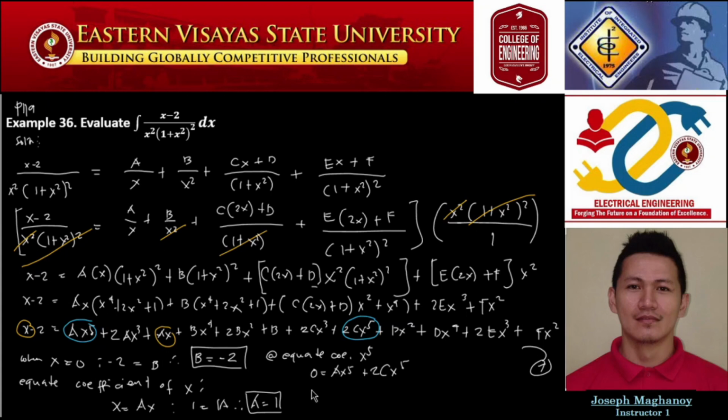So if we rewrite, that is 0 equals 1A plus 2C. But we have a value for A, that is 1. So negative 1 is equal to 2C. Therefore, your C is equal to negative 1/2.